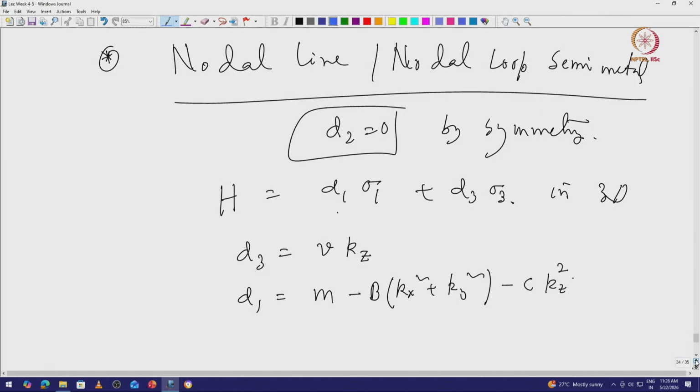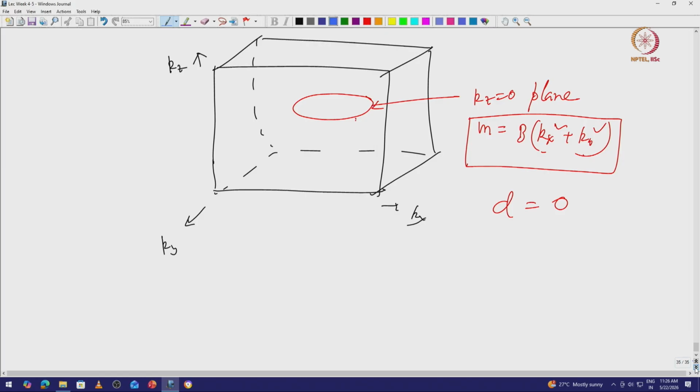And from this contour, if you look at the bands along the z direction, the leading term will be kz. So, we will have a linear dispersion. And if you go this way also, it will be linear. If you go this way also, it will be linear.